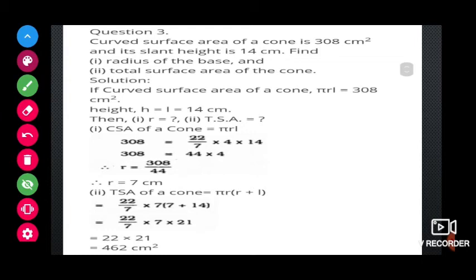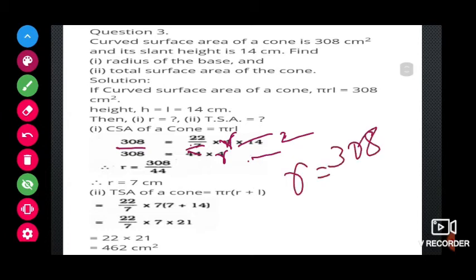So take 308 is equal to pi, 22 by 7, r we don't know, just write r only, into L is 14. We want r, so except r, all the remaining we send to that side. That is 7 ones are 7, 7 twos are 14, 22 into 2 is 44. So if I send 44 to that side, r is equal to 308 by 44. Multiplication 44, if it goes that side, becomes division by 44. If we do the cancellation, 44 into 7 over.